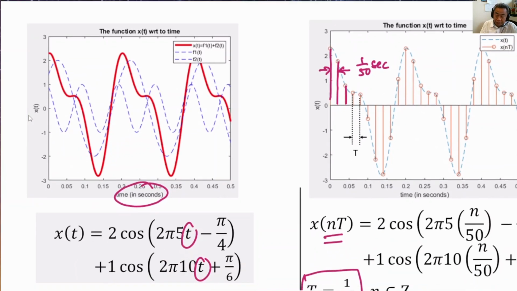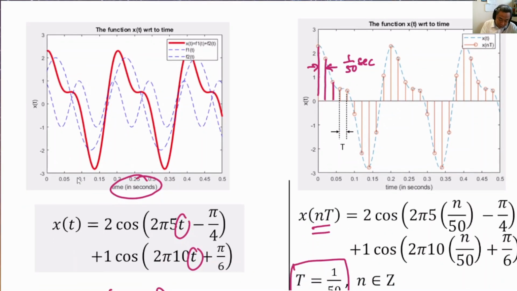So we choose capital T to be 1 over 50, and small n starts from 0 until infinity as integer numbers. Now I can plug in different n, and big T is constant. So what I'm doing is taking points at discrete time.